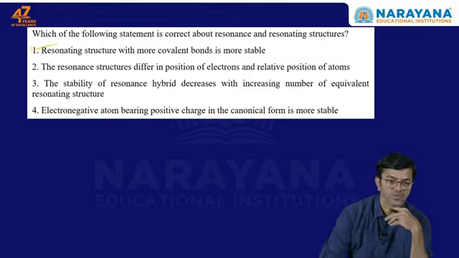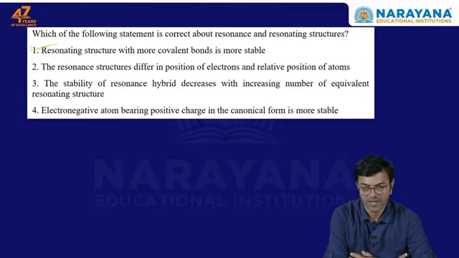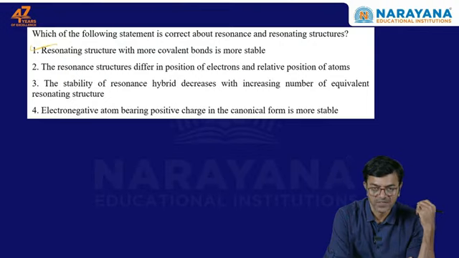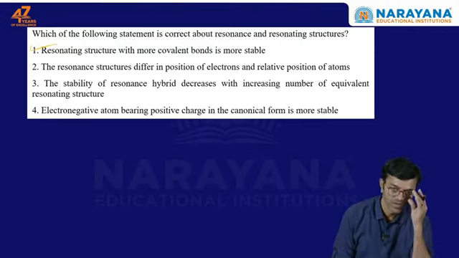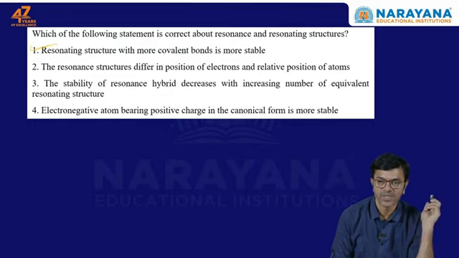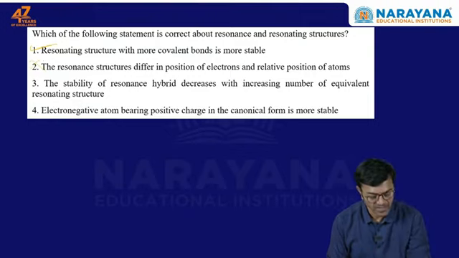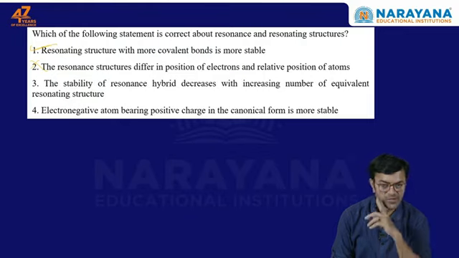If you go to the second statement, resonance structures differ in position of electrons and relative position of atoms. In the rules of resonance, the definition itself says that without changing the position of atoms, we are allowed to change only pi electrons. So he's saying that the position of atoms is also different in resonating structures, so that is incorrect. Stability of resonance hybrid decreases with increase in number of equivalent resonating structures.